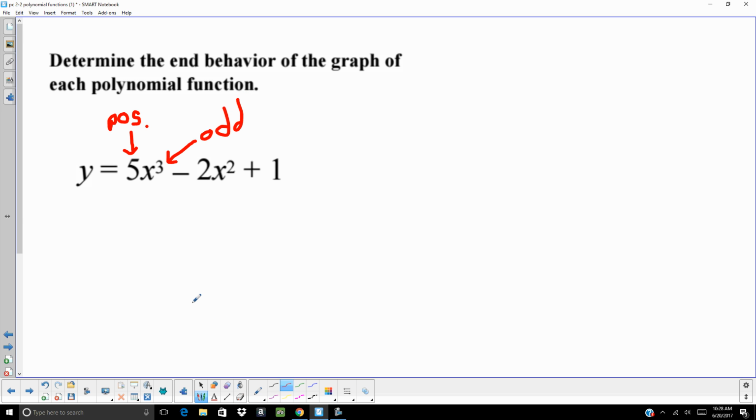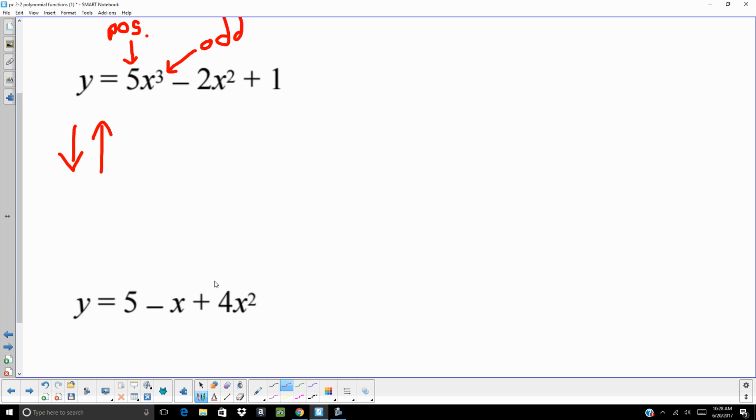And that's the main things that we're going to be looking at. So we are looking at an end behavior that is down, up, and it's a 3rd degree. They didn't ask for it, but there's going to be 2 turning points.